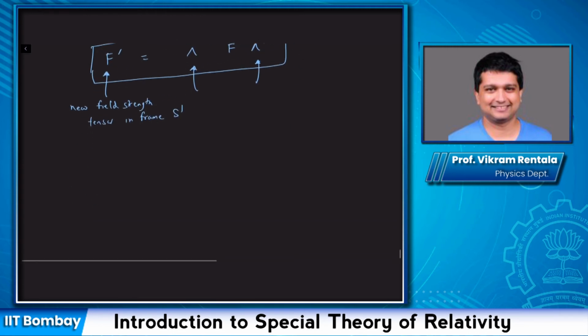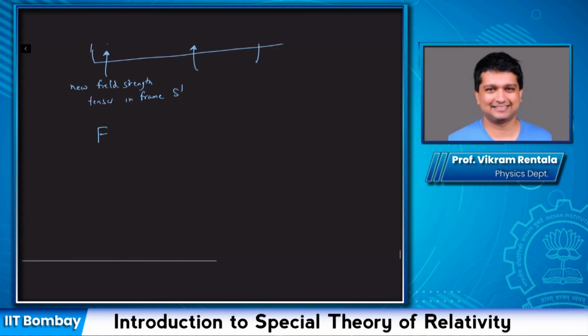And of course, once we have the contravariant field strength tensor, we can also define the covariant field strength tensor, F mu nu, using the matrix G, the metric, to lower and raise indices. So we can define something like this, okay, which gives us the covariant field strength tensor.